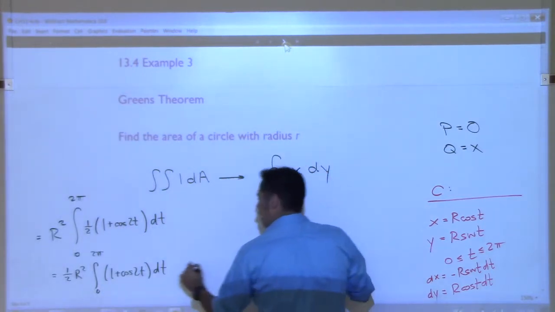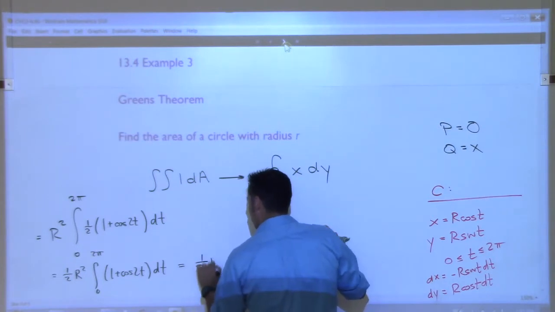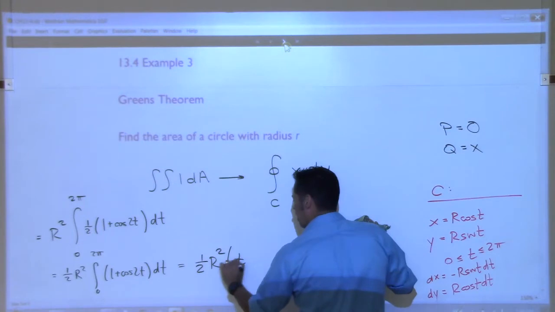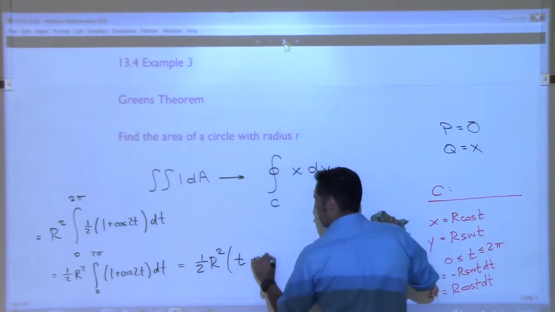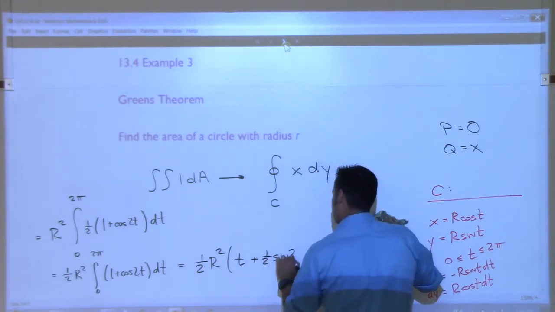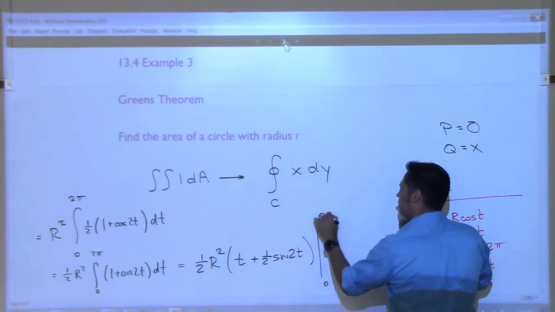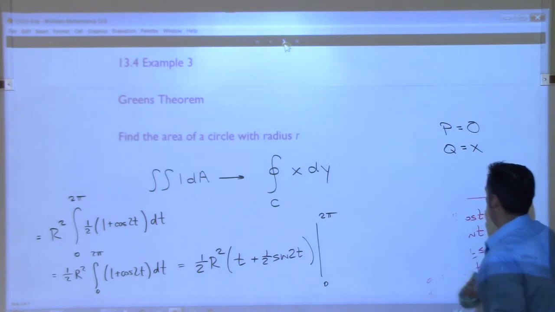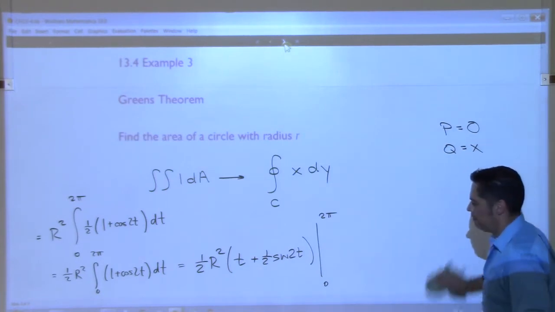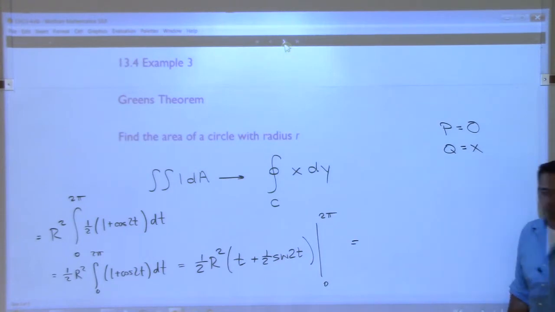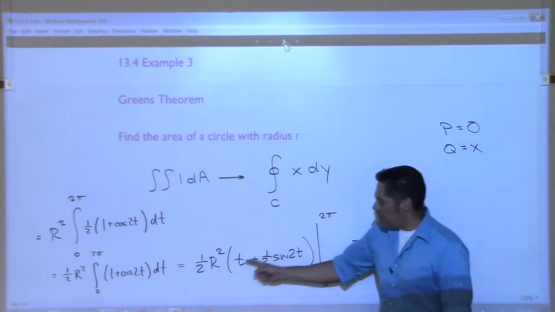So now, antiderivative, so 1/2 r squared. The antiderivative of that is going to be t, and then plus 1/2 of sine 2t. And then we're evaluating that from 0 to 2 pi. Y'all see what happens with that sine stuff? When I let 2 pi go in here, I get 2 pi, right?